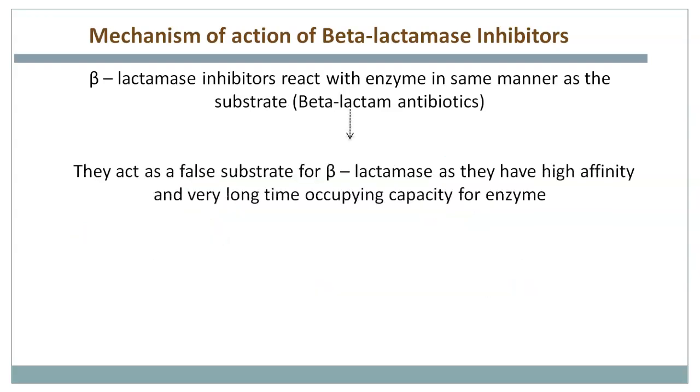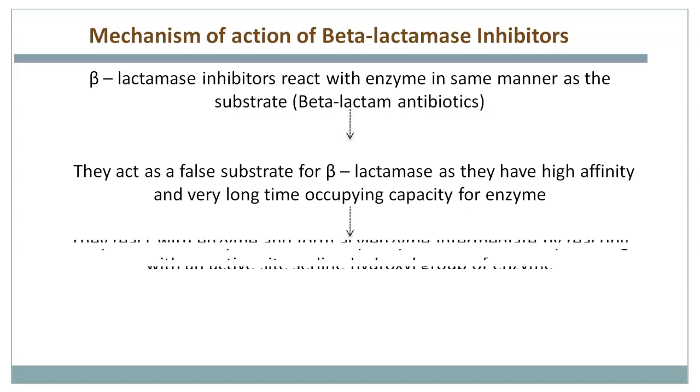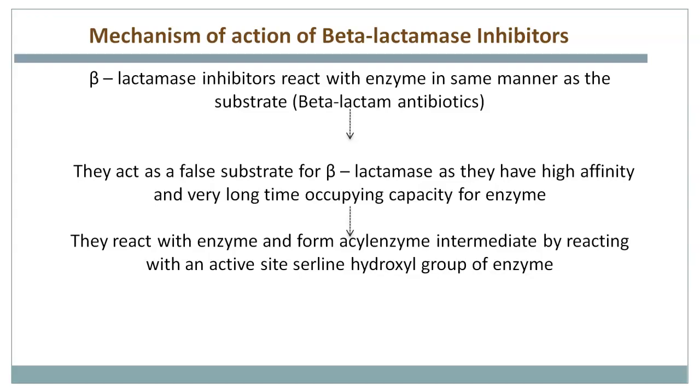So as we see, the beta-lactamase inhibitors act as a false substrate for the beta-lactamase enzyme, because these beta-lactamase inhibitors have a high affinity and very long time occupying capacity for the enzyme, and they react with the enzyme and form an acyl enzyme intermediate by reacting with an active site serine hydroxyl group of the beta-lactamase enzyme.